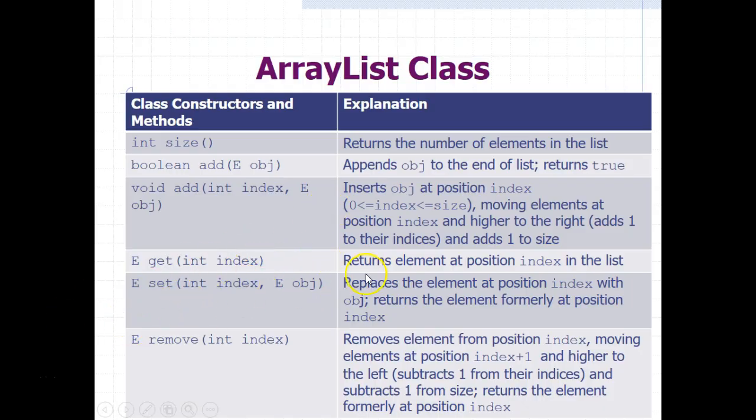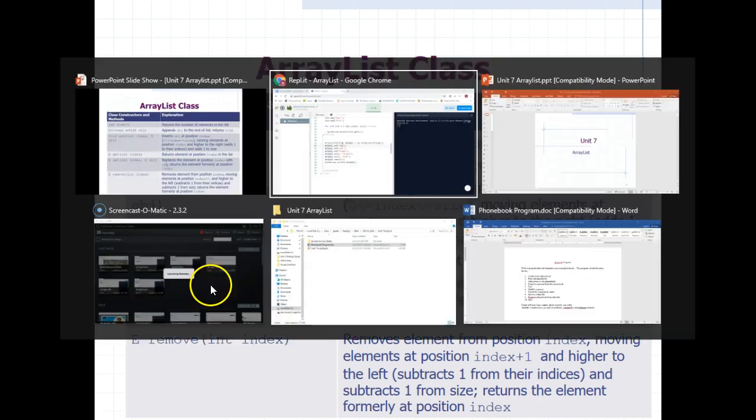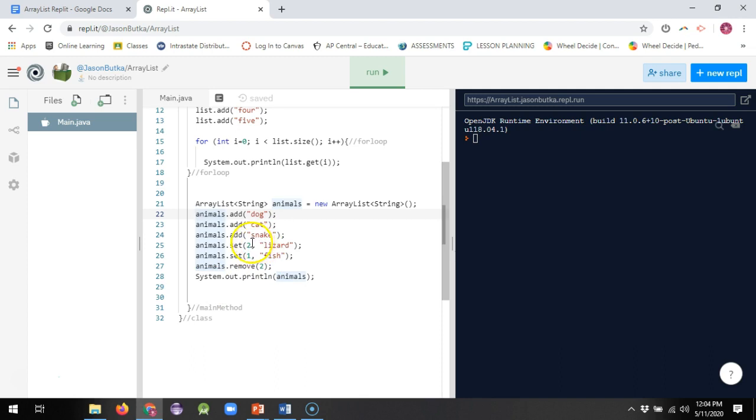So set replaces the element at position index, so whatever index is, with object, so whatever object is. So when we take a look back at that code, index is 2, and the object is the string known as lizard. So here's what happens.